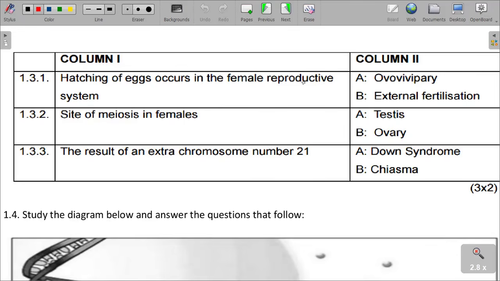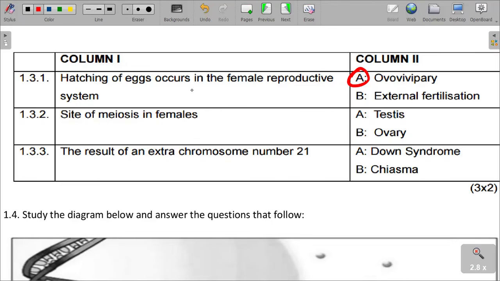It is where we talk about ovoviviparity, where we say the eggs hatch inside the reproductive system. External fertilization: the eggs are fertilized outside the body of the female. So they have to have a suitable environment to survive, which has to do with extreme vulnerability to predation and other things.